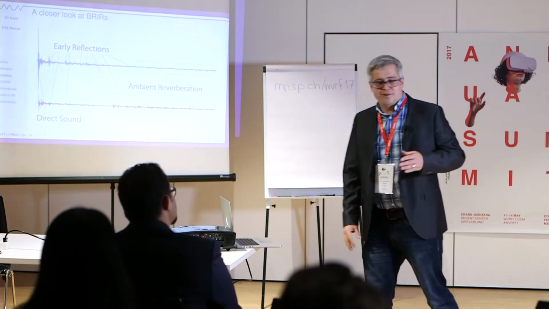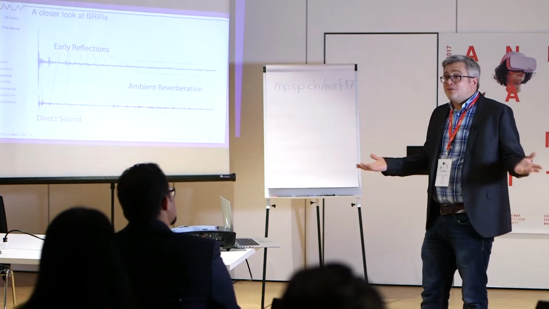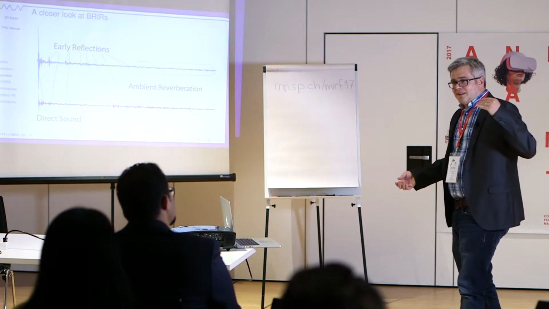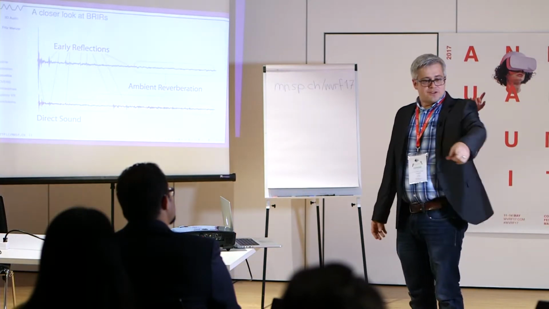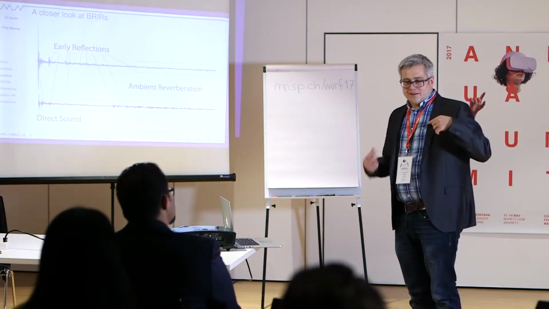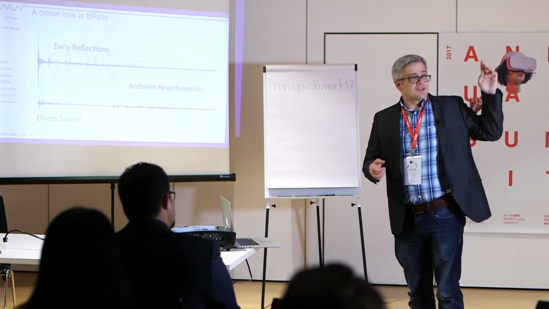Like a room like this here, it has a lot of small surfaces. Take the projector, the table, the chairs, and so on. Everything reflects. So maybe the reflection from this chair here back to me comes before the reflection of any wall.